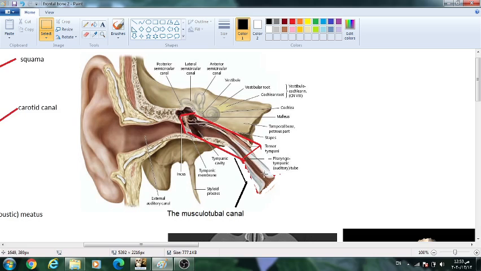In younger age, I think this tube is more horizontal and shorter, so the chance of germs getting up to this canal and accumulating here is higher. So that, I think, is the development comparing the young age and the adults.